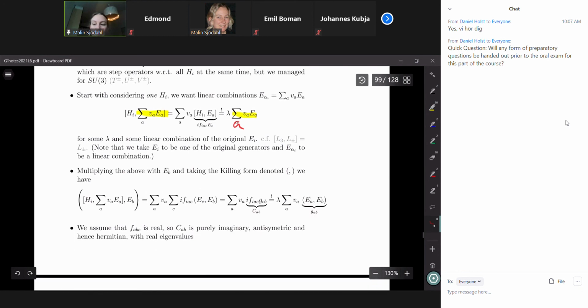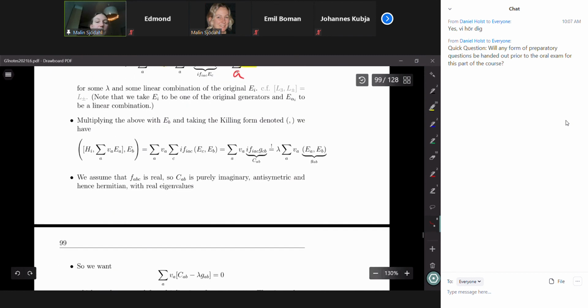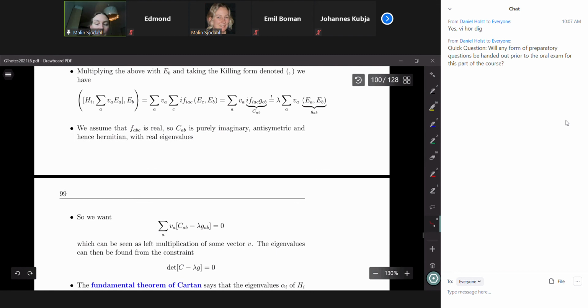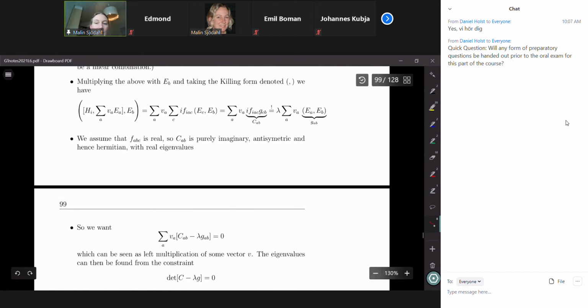Since we assume that FABC is real, this guy here is purely imaginary, and it's also antisymmetric, and therefore it is Hermitian and has real eigenvalues, seen as a matrix operation.